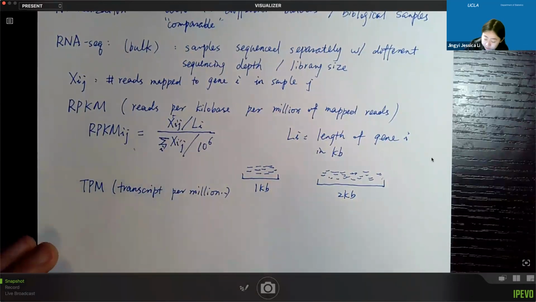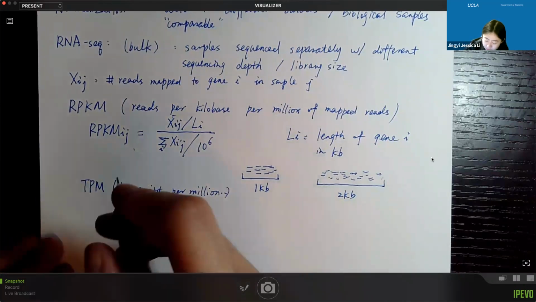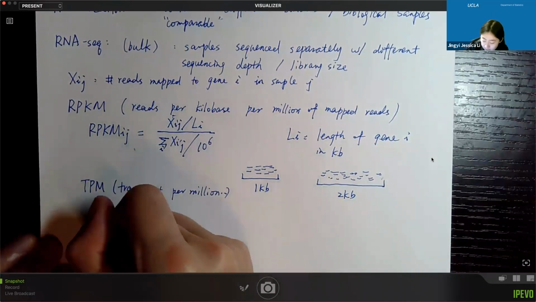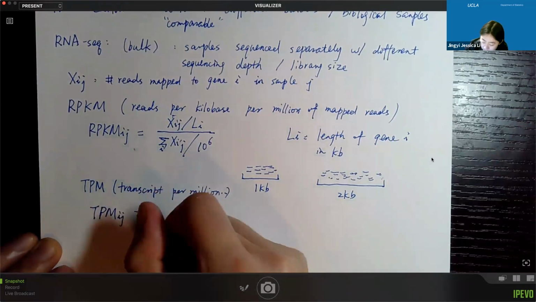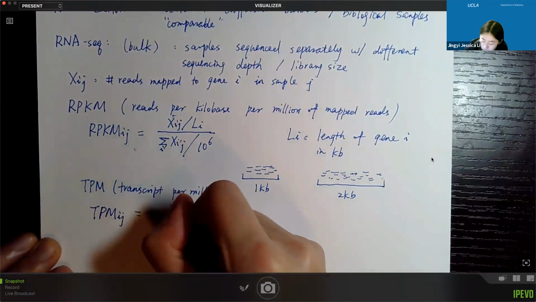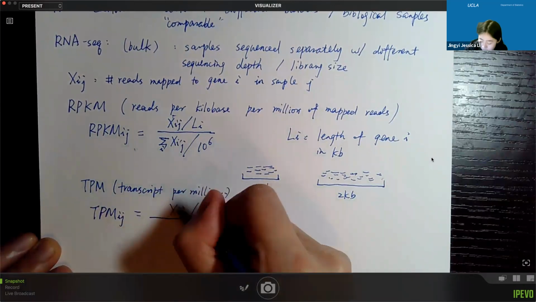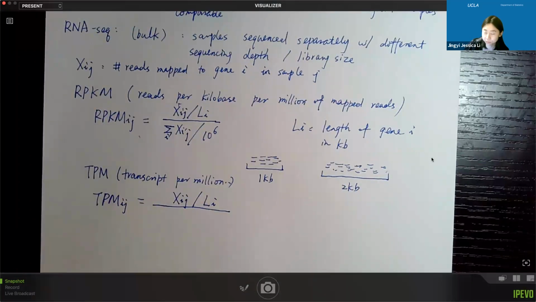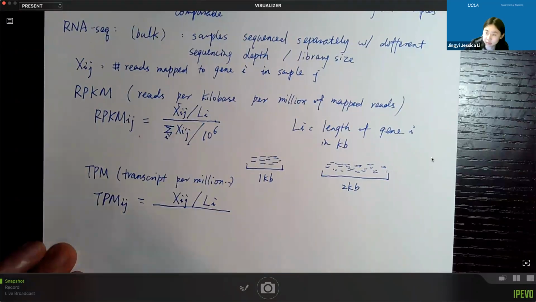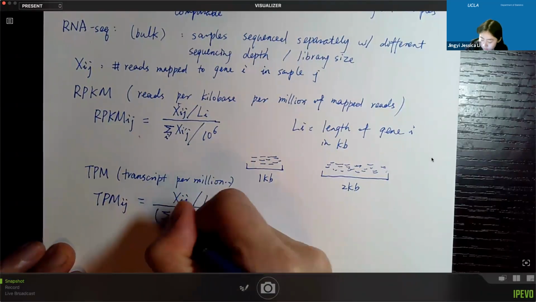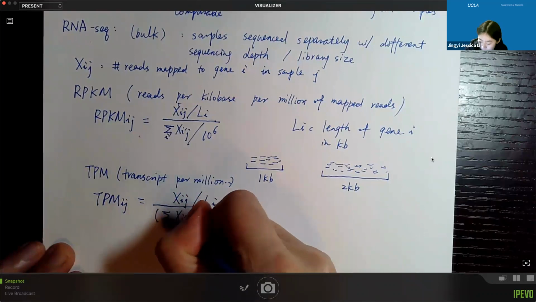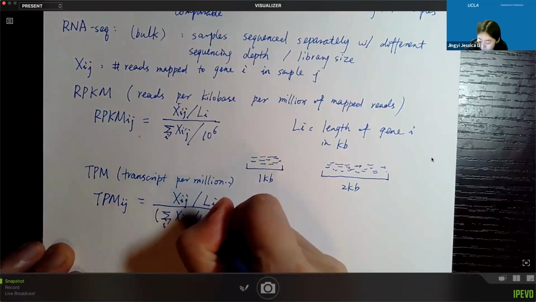So therefore, here the TPM_ij is defined as still the numerator is X_ij divided by L_i. That's the approximate number of molecules of gene i in sample j. But the denominator is different. It's actually the summation over i prime of X_i'j divided by L_i'.